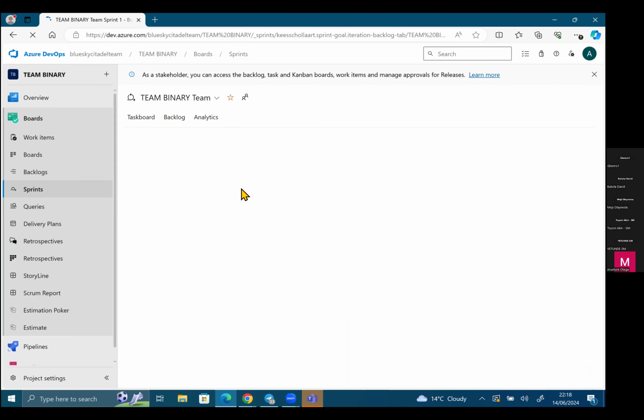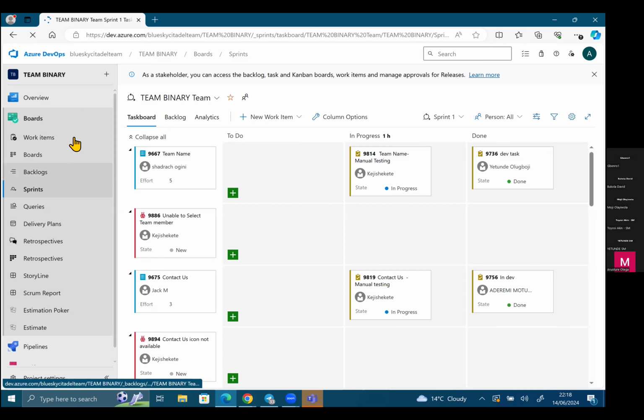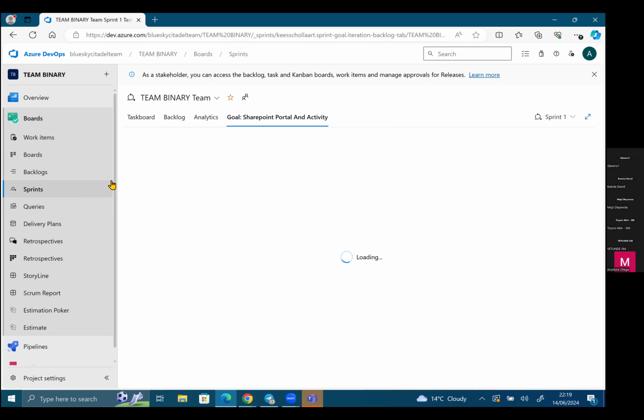I want to show you something before you leave the page. No, still on your sprint. Can you see your goal now at the top of your page of your sprint? Can you see the goal? Yeah. Good, yes. So if we go on your dashboard now, it will show on that goal widget that you have on your dashboard, because you've written it here.